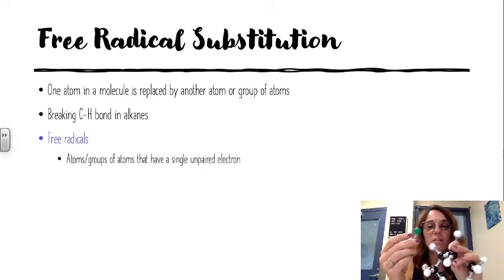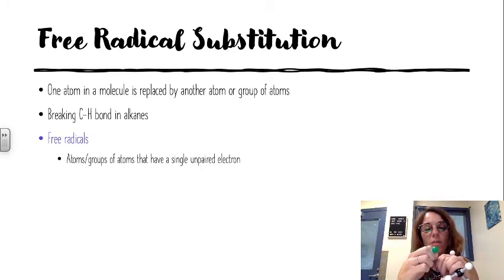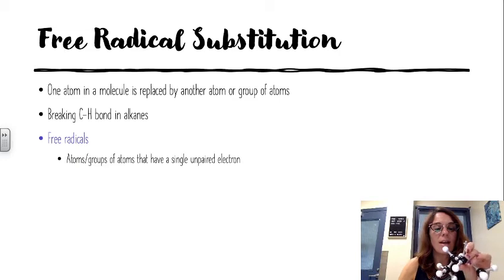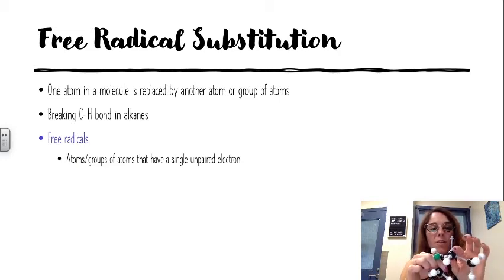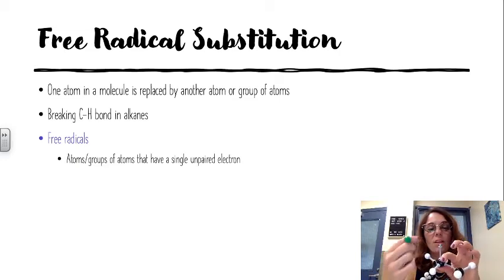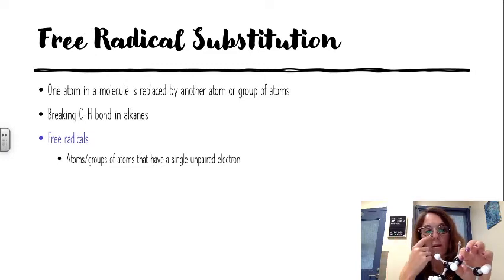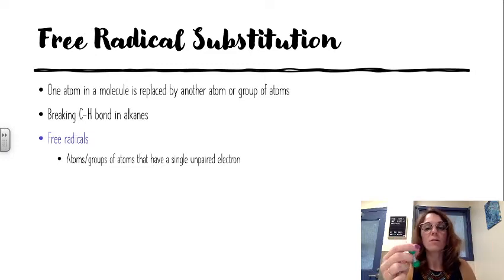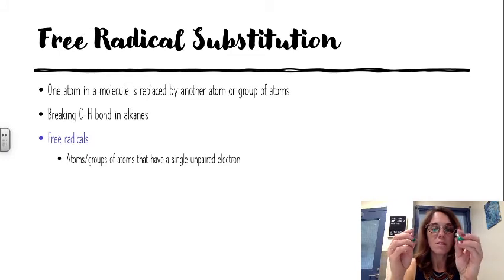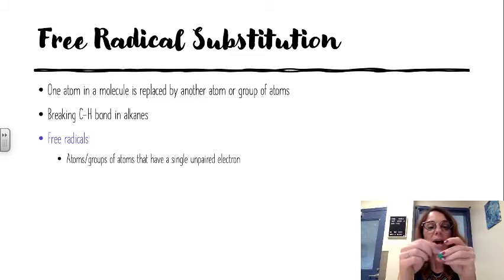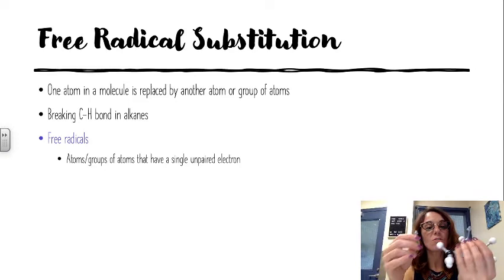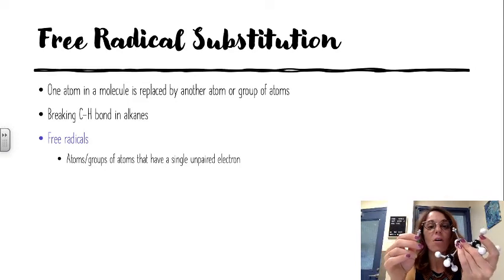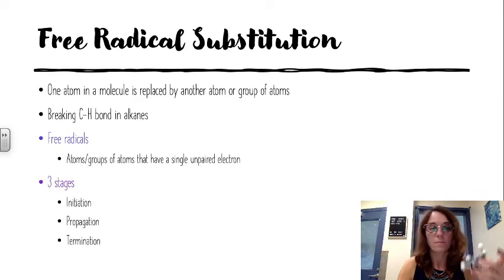So when I have this substitution reaction, when this atom comes out, I now have one pair of electrons that is right here that is no longer bonded to anything. So that's called a free radical. And when this breaks apart, in order to switch places, this also has a single unpaired electron that is waiting for something else to bond to it. So these two molecules are now called free radicals.